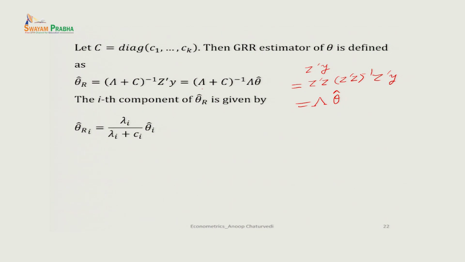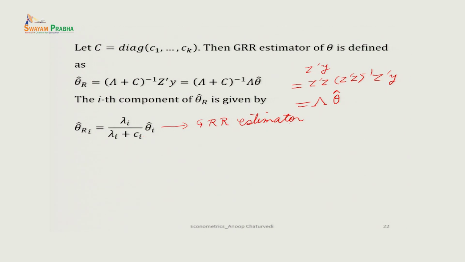Since all these matrices are diagonal, the ith diagonal element of Lambda plus C is lambda i plus c i, and that of Lambda is lambda i. So, the ith component of theta hat r is theta hat r i equal to lambda i upon lambda i plus c i times theta hat i. This estimator is called the generalized ridge regression estimator. In the ordinary ridge regression estimator, we are adding a constant c in each of the diagonal elements.